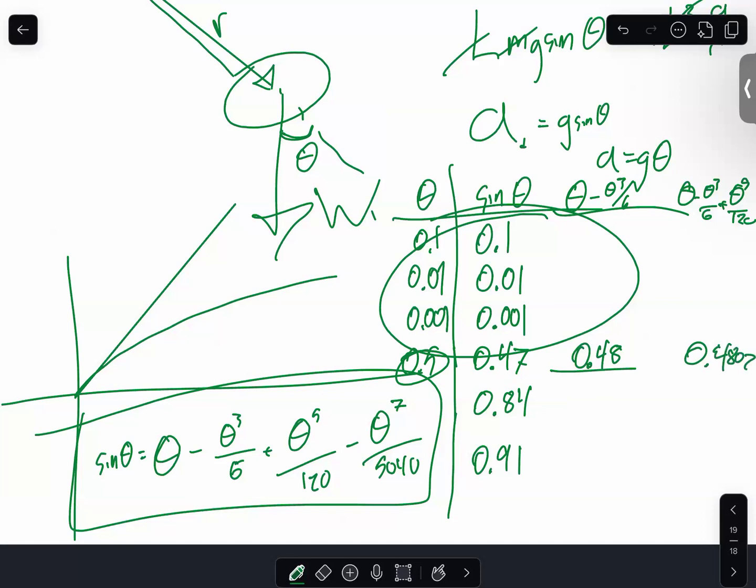I should get some more sig figs, since sine of 0.5 itself isn't exactly 0.47. What is it for real? 0.4794. Theta minus theta cubed over 6, not just 0.48, 0.48 what?